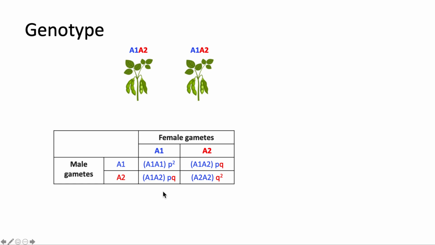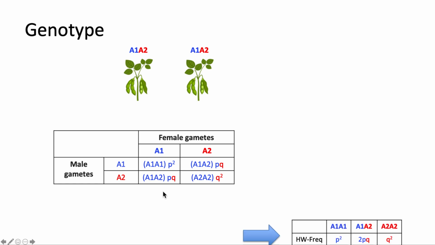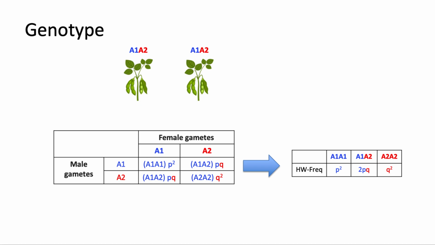So first, to talk about the genetic values, we have to remember the genotypes, and this Punnett square is going to help you remember that. If we cross two heterozygous lines, remember that each heterozygous line can transmit two gametes to the progeny. In this case, each of the heterozygous lines is going to transmit either the A1 or the A2 gamete to the progeny.